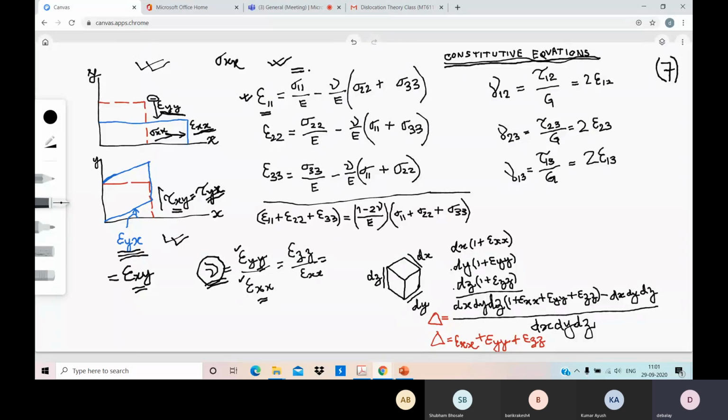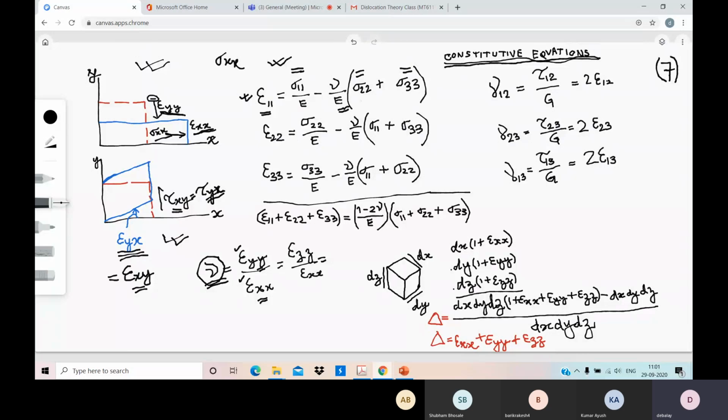Sigma xx causes epsilon xx, but some other components can also cause that same strain component, epsilon xx, and those are sigma 22 and sigma 33, and then they will be related by Poisson's ratio, because sigma 22 will directly cause epsilon 22, but the body will also shrink in direction 1, so there will be an epsilon 11 as a transverse strain. That relation will be estimated by this nu by E term, where E is the Young's modulus.